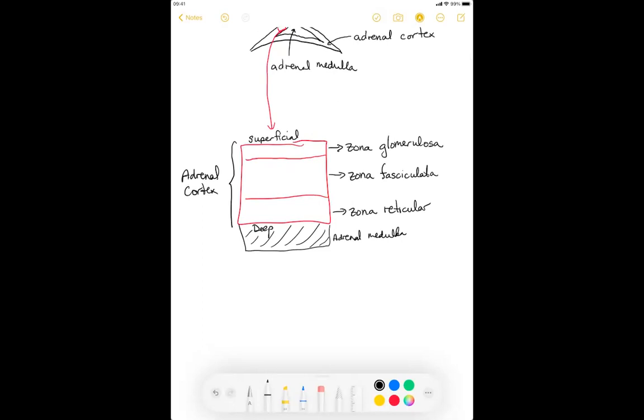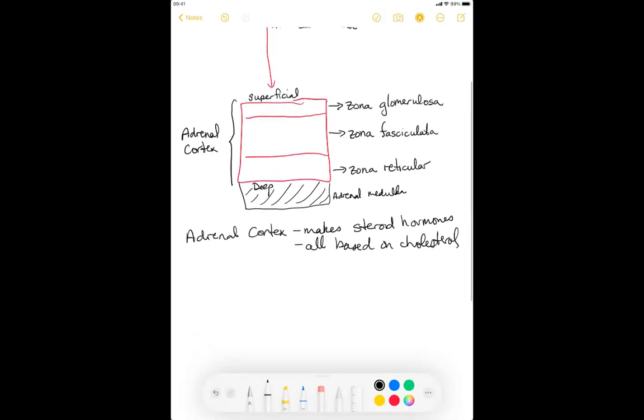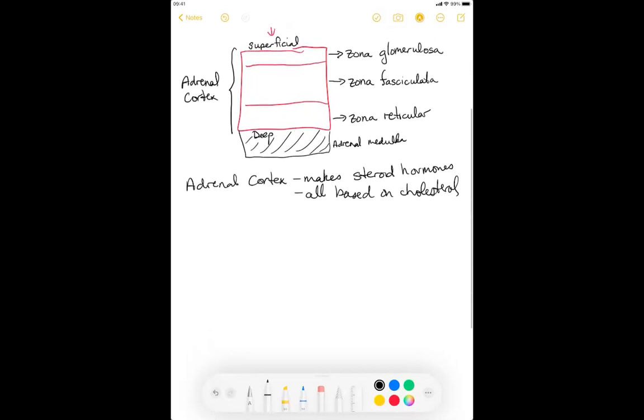Steroid hormones are based on the molecule cholesterol, and there are different types of steroid hormones, all based on cholesterol. Each zone makes a different type of hormone.